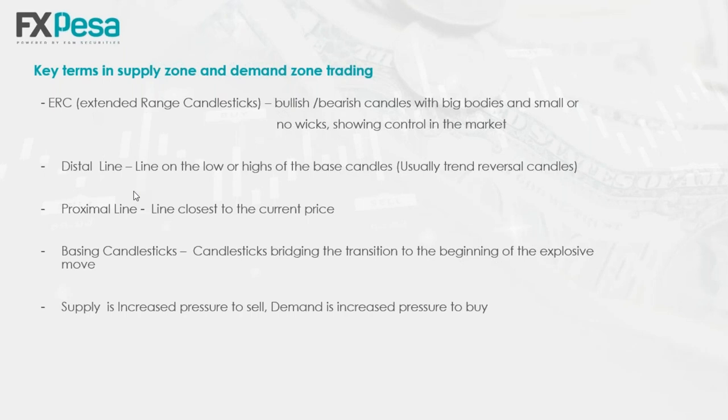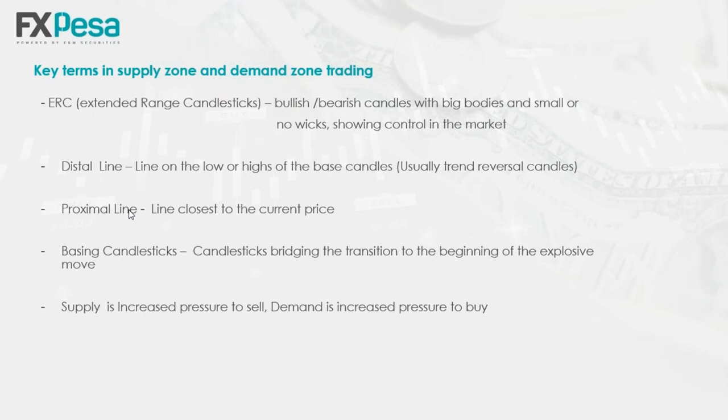The second line is called proximal line. So proximal line is the line which is closest to the current market price level along supply zone. It is drawn along basing candlesticks with the lowest level of body.